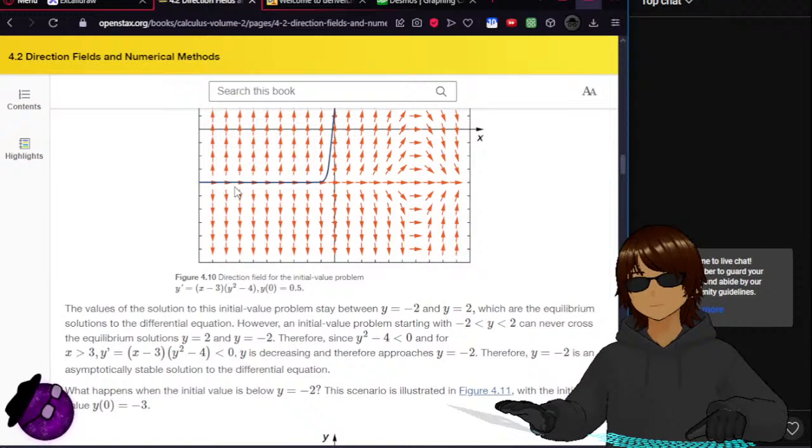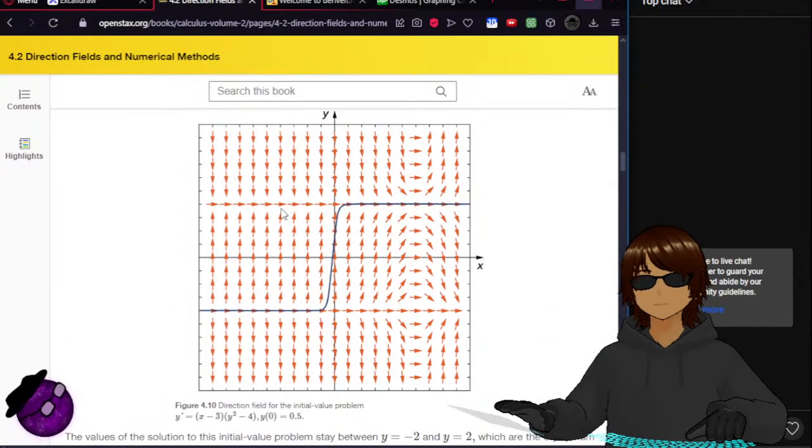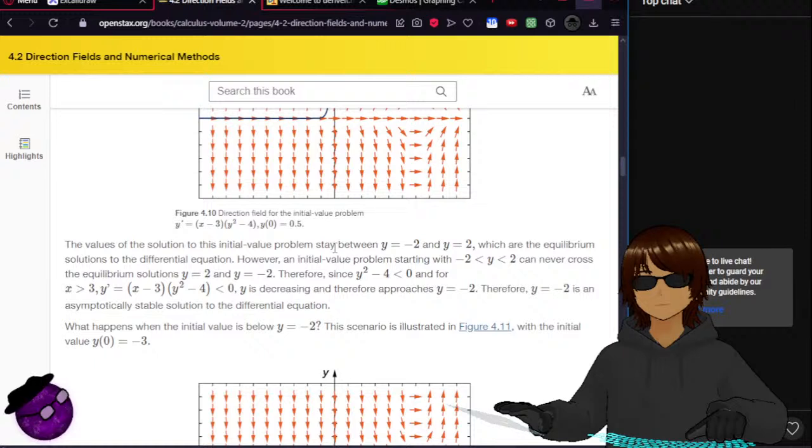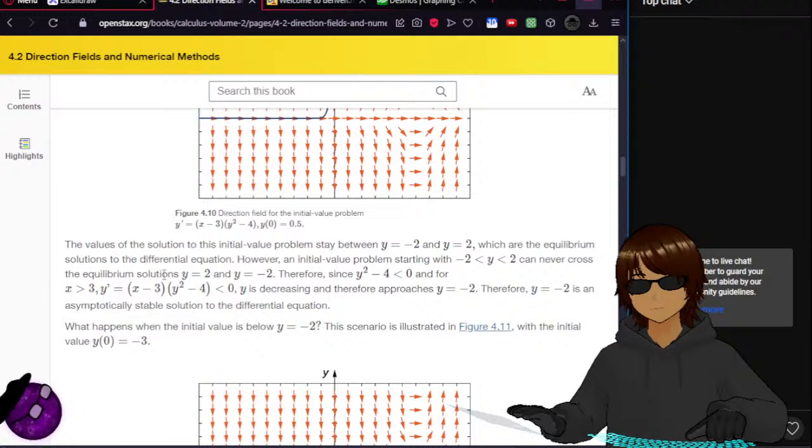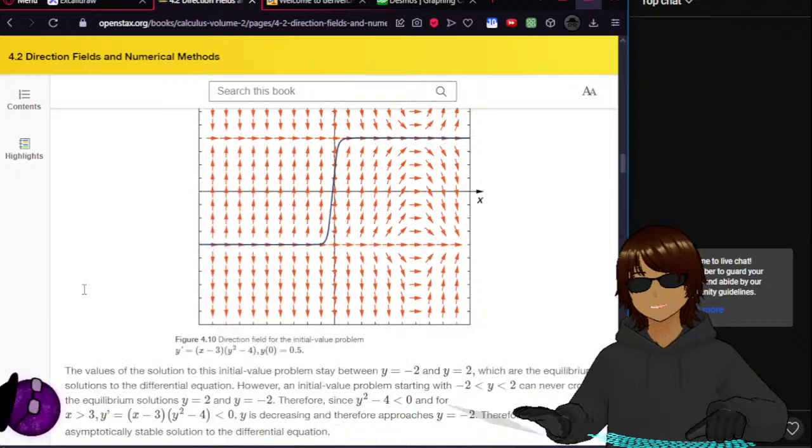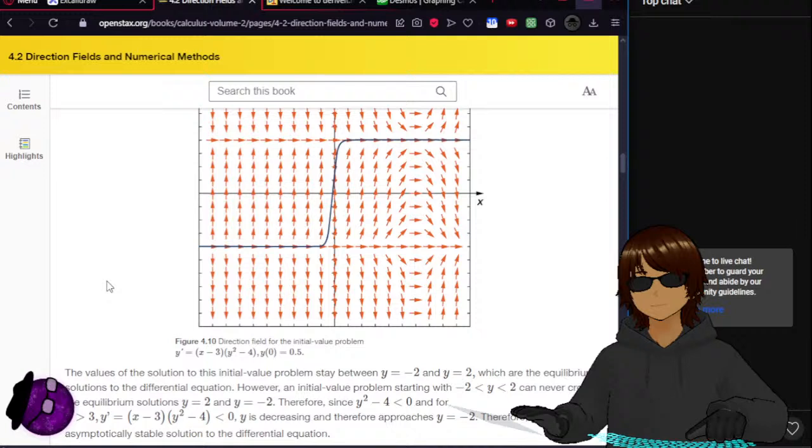So when x approaches infinity, since y square minus 4 is less than 0 for x greater than 3.